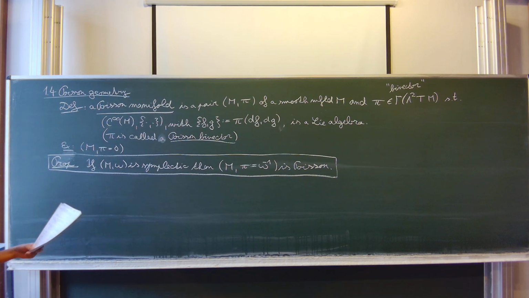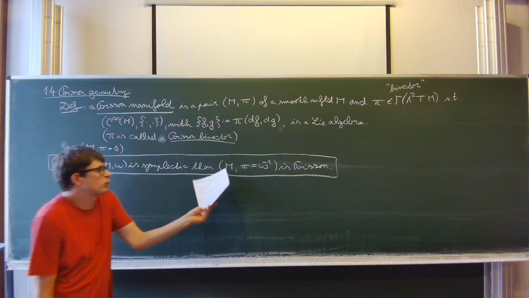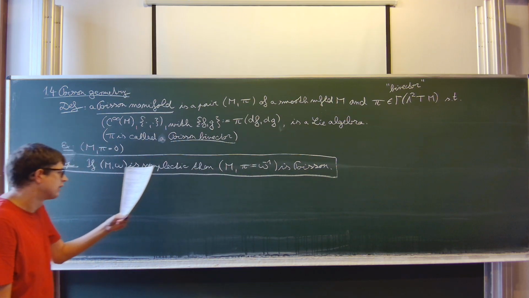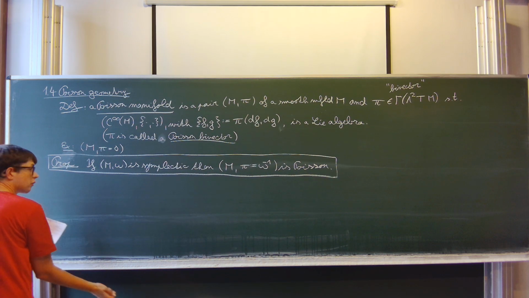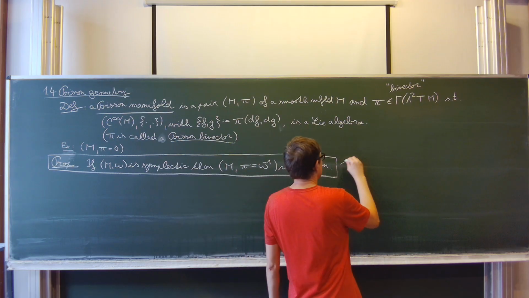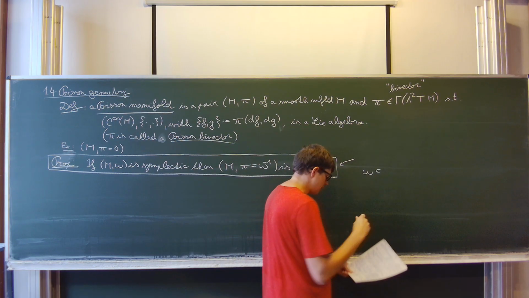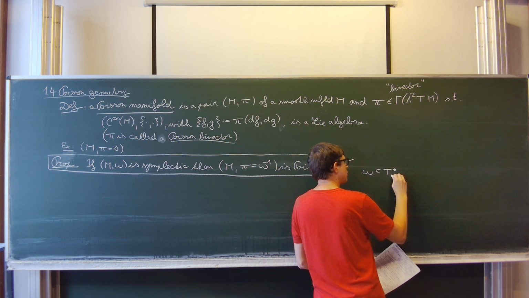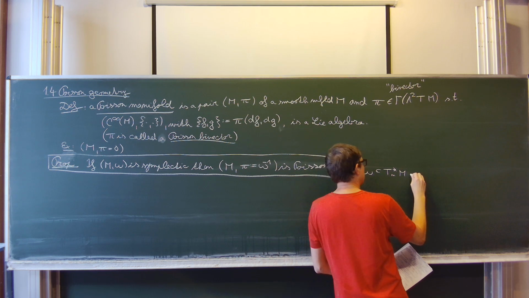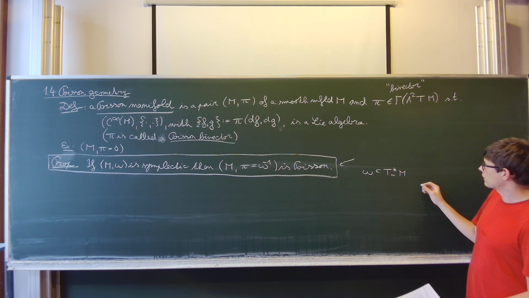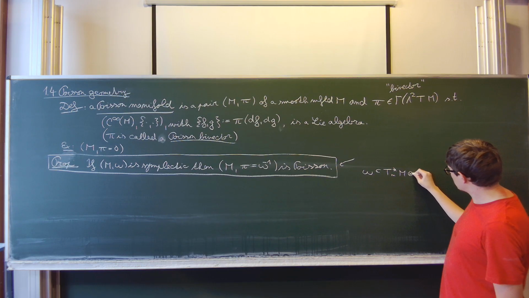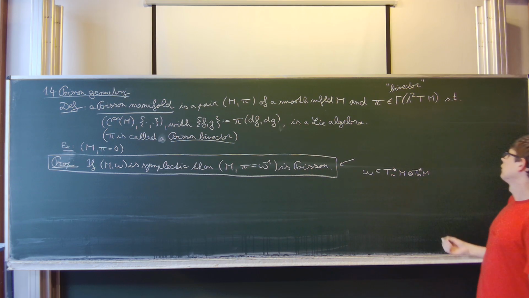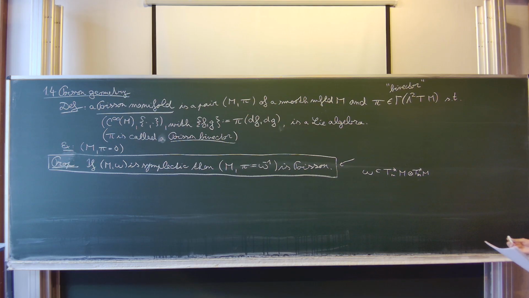So what do I mean by inversion there? Well, first of all, if you put it in a frame, this is some bunch of matrices, so you can invert the matrices. But more invariantly, remember that omega, let's say at every point, is a two form, but in particular, it lives in a tensor product, T*M tensor T*M.